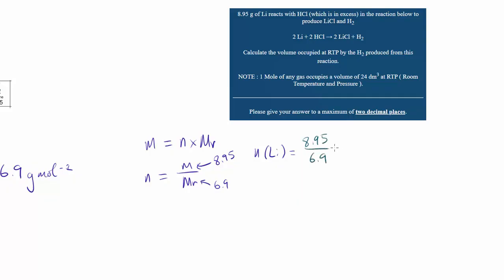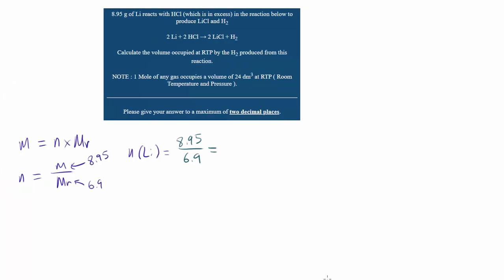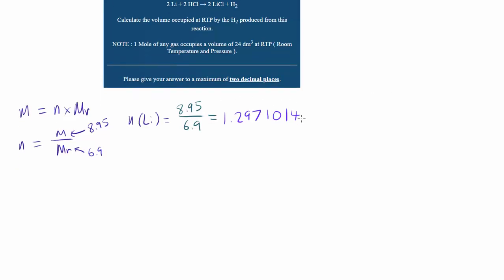If you work that out, which I'd invite you to have a go at, you're going to get 1.2971001, and I'm going to round this. I'm just going to leave it at that, and this is going to be in moles.